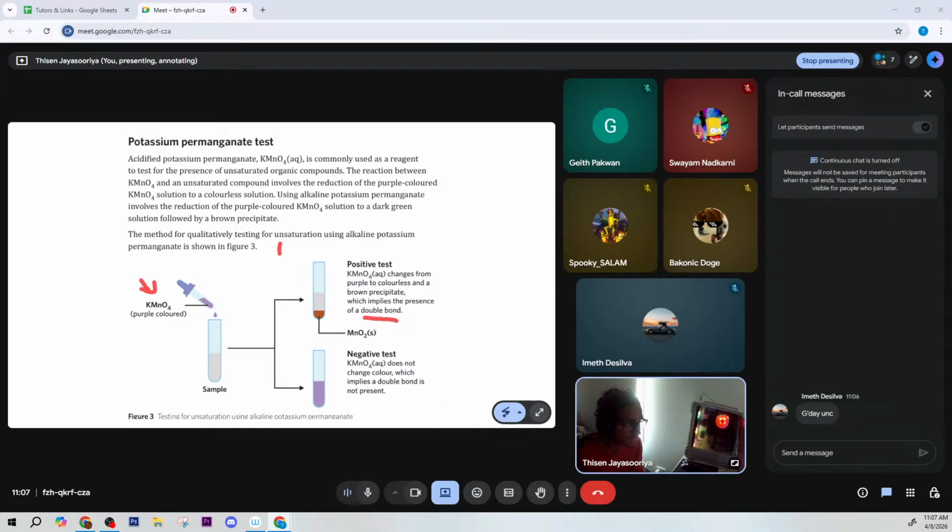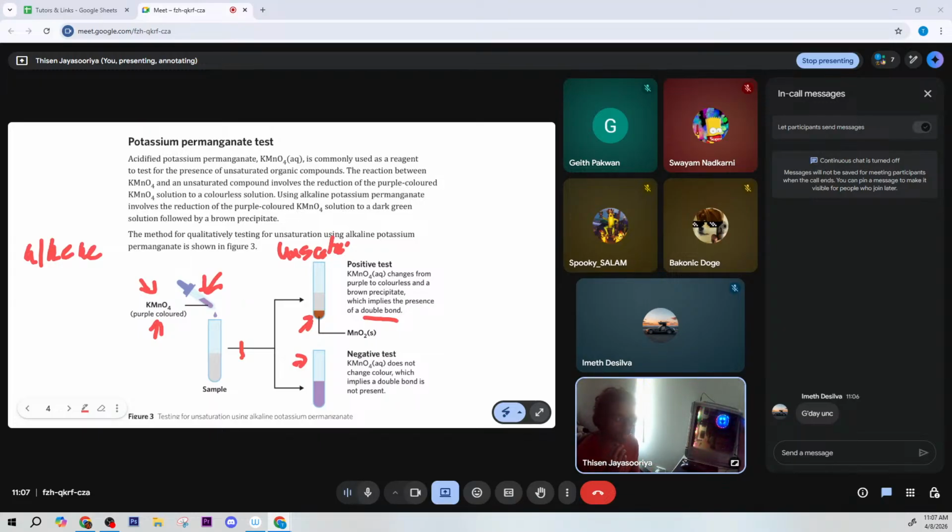If we have an unsaturated compound, or an alkene, when we put this potassium permanganate in, we're going to form this manganese dioxide, yeah? If we don't have any double bonds, there's not going to be any reaction. It's going to be the exact same color as the permanganate because it hasn't reacted, yeah?